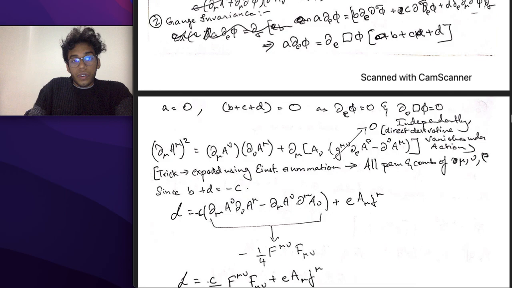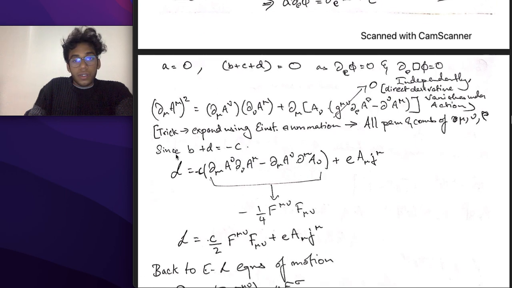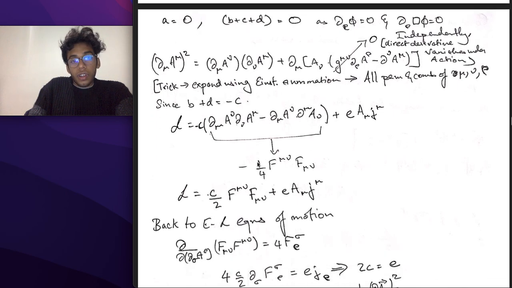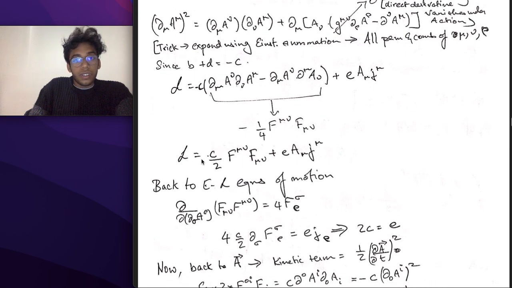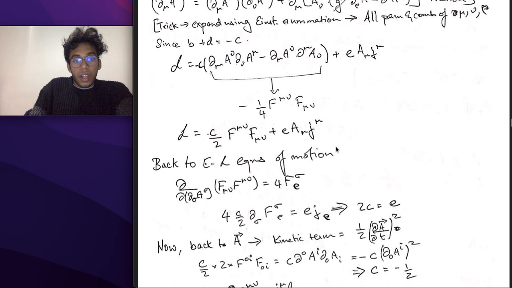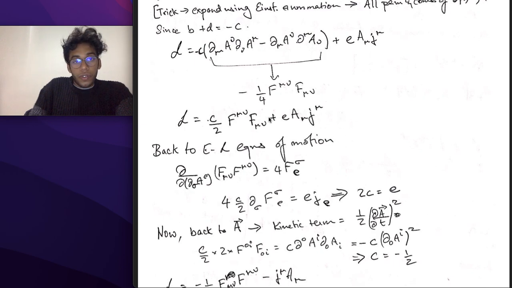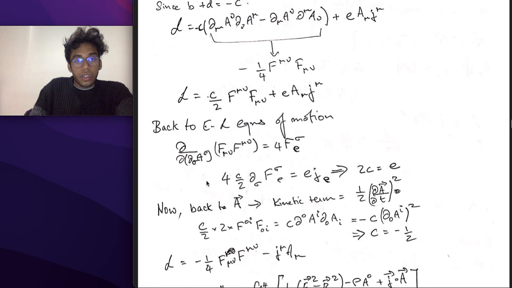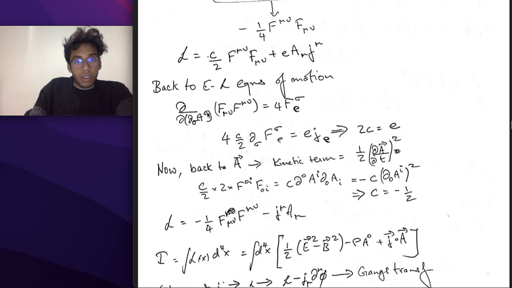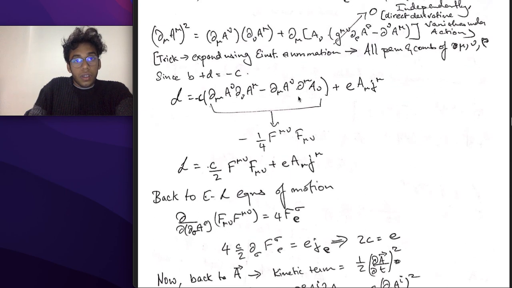So then, since b plus d is equal to minus c, you find that your Lagrangian is given by c by 2 f mu nu f mu nu plus e a mu j mu, right? And now how do we get the values of c and e? You go back to the Euler-Lagrange equations of motion, and you plug in this.